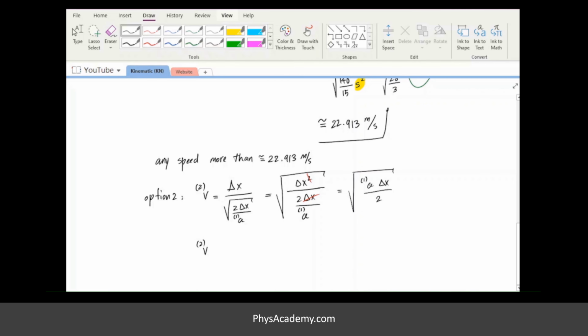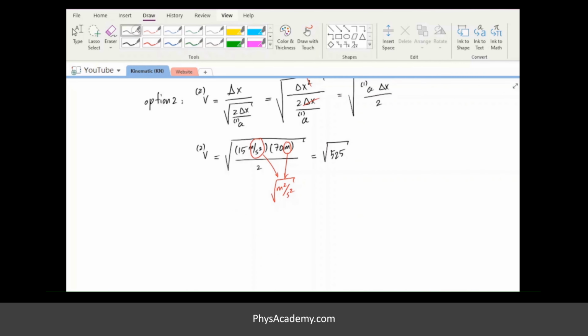Now we can go ahead and plug the values in. It leads to a square root of 525, and for the unit, after checking them, we know it is meters per second, which is approximately 22.913 meters per second.